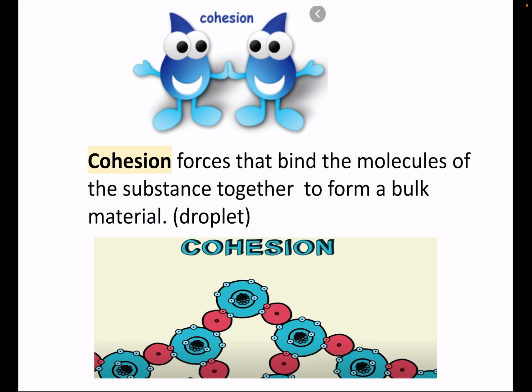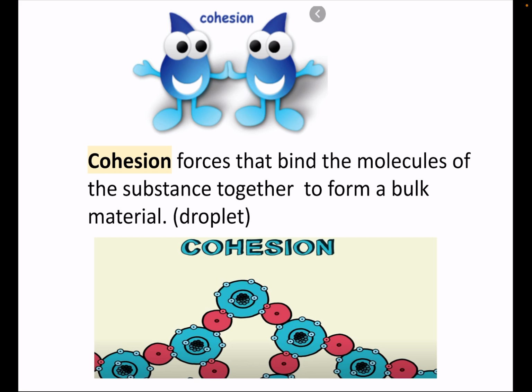If you look in my picture here at the bottom picture, the big blue circle with the valence electrons, those dots, represents oxygen. And the little red ones represent hydrogen. Notice hydrogen is covalently bonded to oxygen. But then there's a force of attraction that sticks one water molecule to the ones nearby.